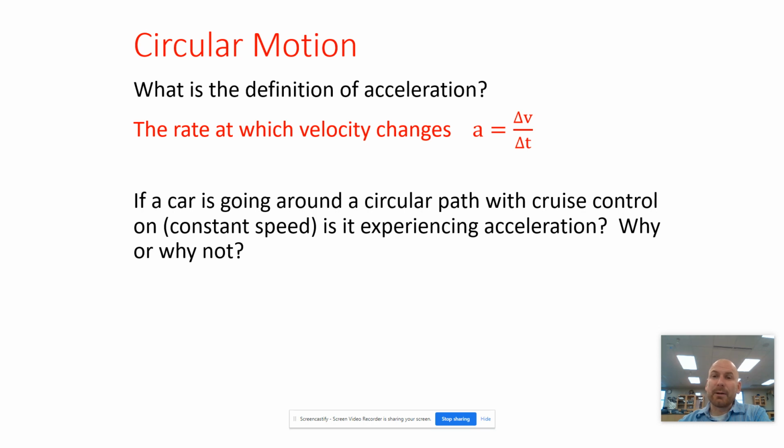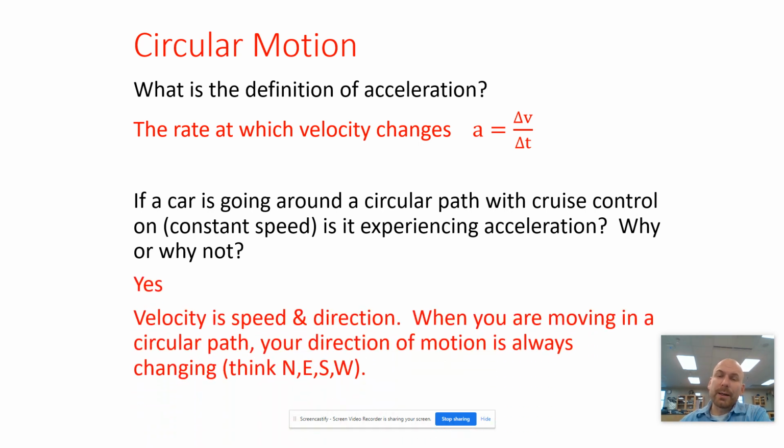Is it experiencing acceleration? Correct answer is yes, because velocity is speed and direction. Though you're not changing your speed, you are changing your direction constantly as you go around a circle.